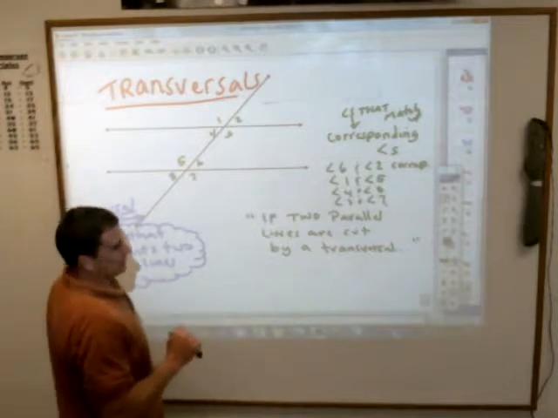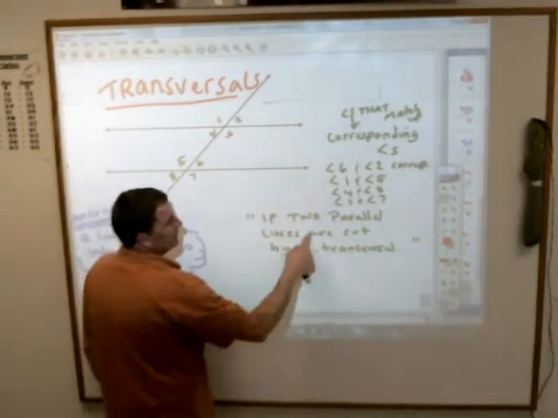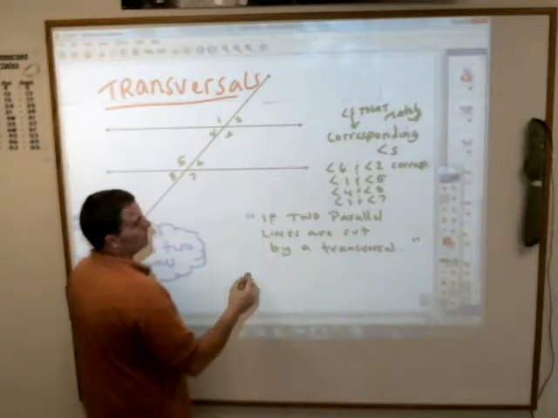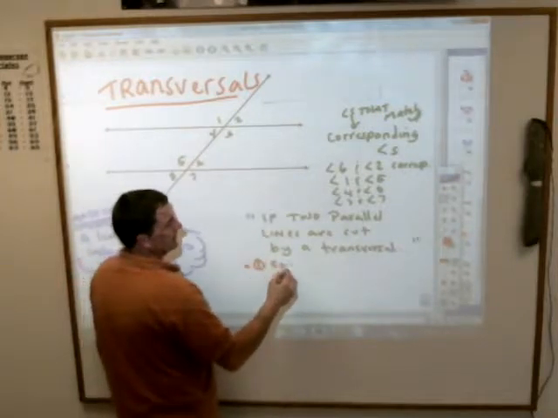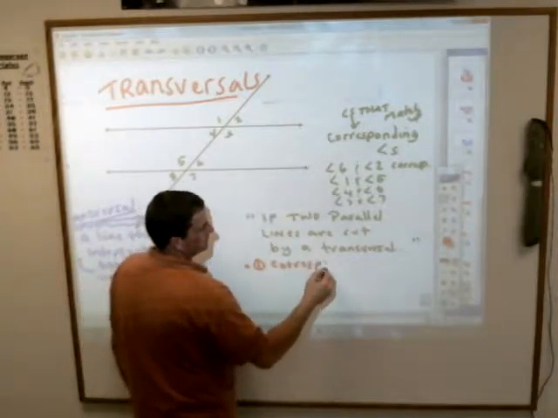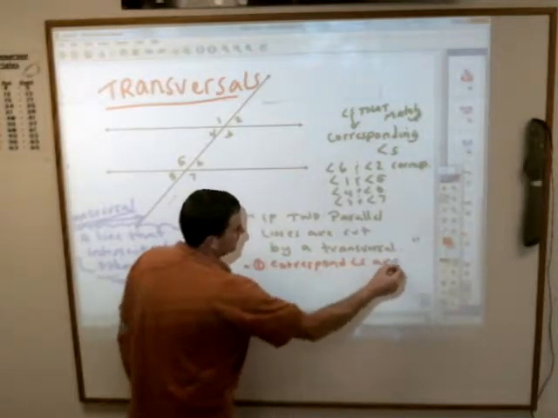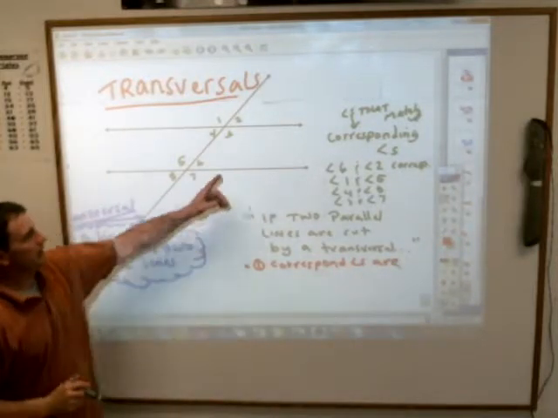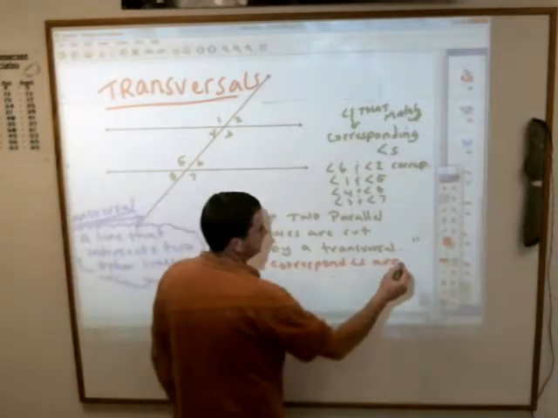Now, here comes the phrase that pays. If two parallel lines are cut by a transversal, number 1, corresponding angles are, guess what they are? Angle 2 and angle 6 are equal.